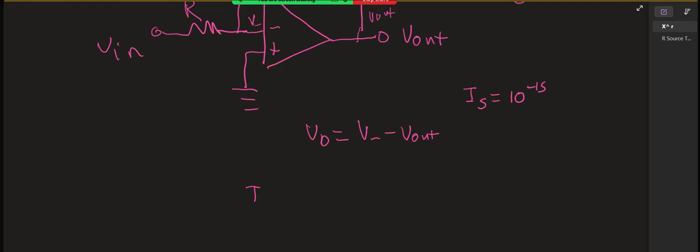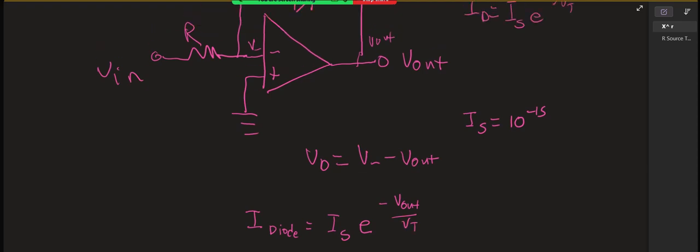So we have that I diode equals IS e to the minus V out over VT.